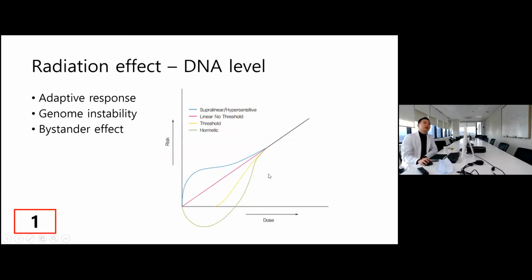So I have prepared some questions along the lecture, so I think you can just easily select an answer. What might be a graph explaining the bystander effect?